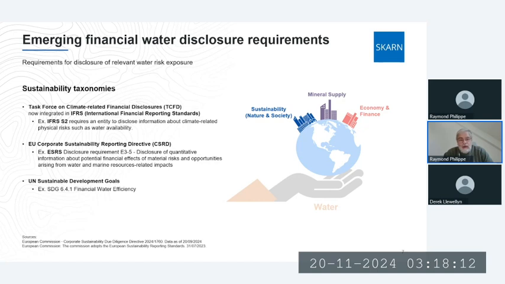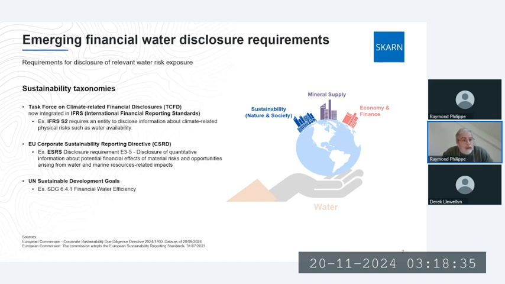And interesting there, this not only relates to the direct impact for the mining company, but also how the mining company, or any company, might be impacted by water use from other stakeholders in the area.